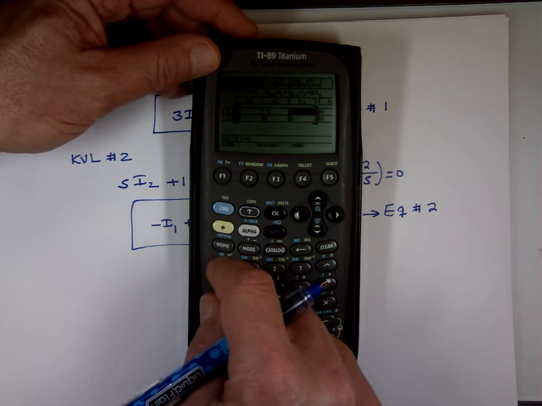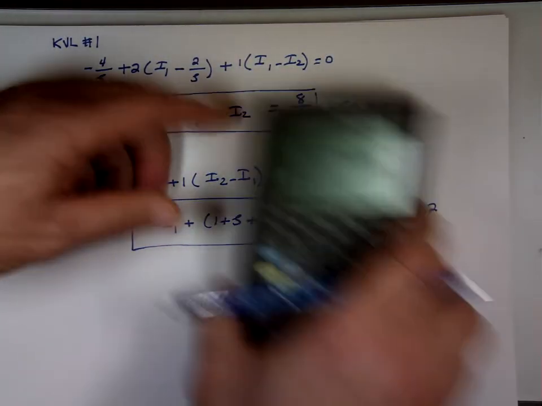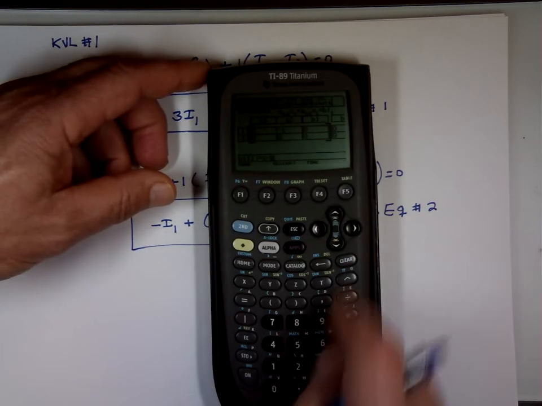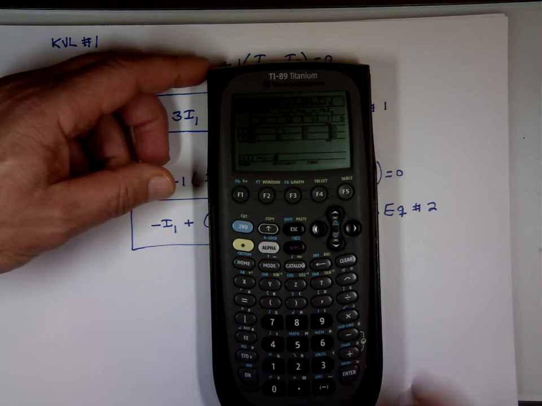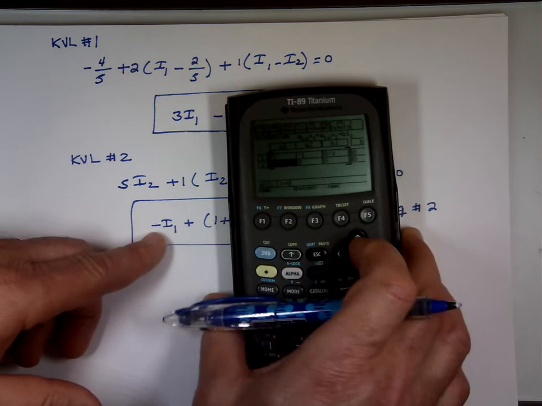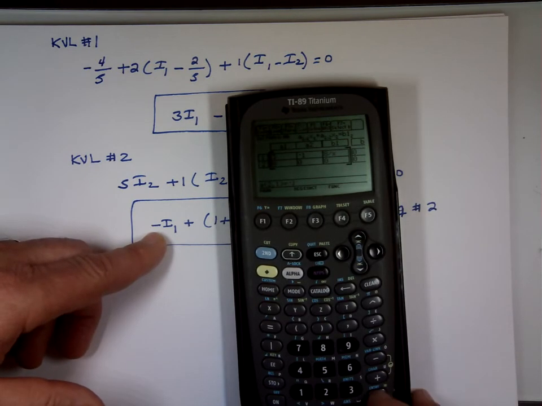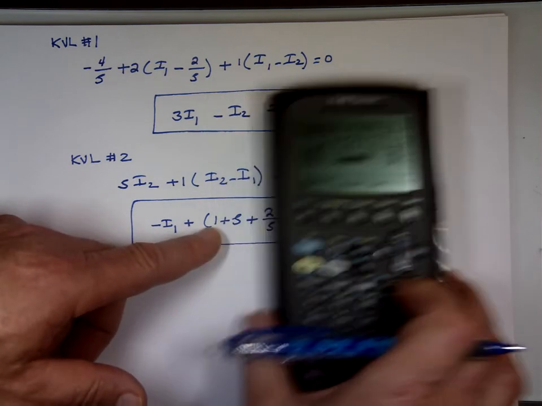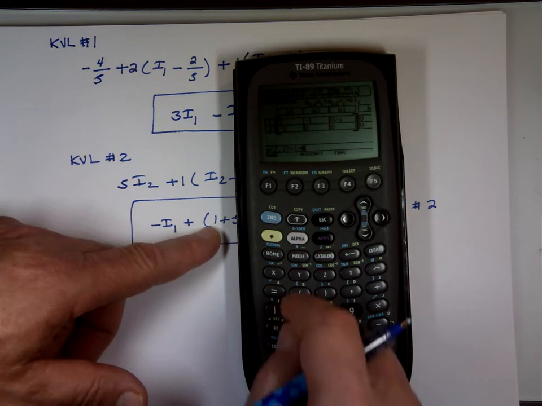8 over x. Oh my god. You're not gonna like this one, no? Probably not. And the other one is negative 1. 1 plus x plus 2 over x.